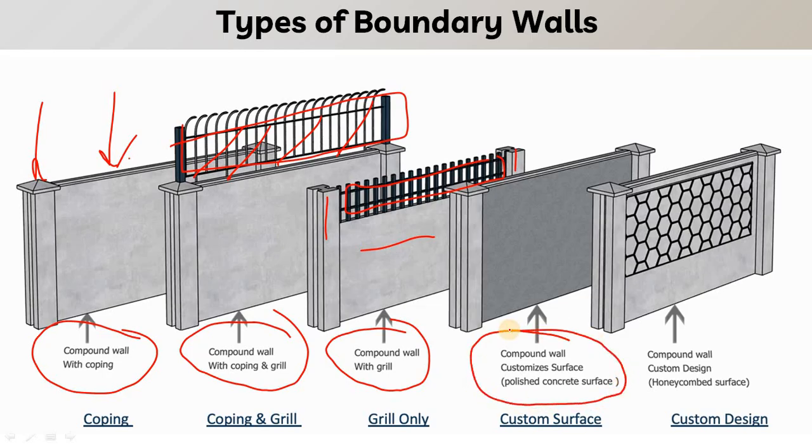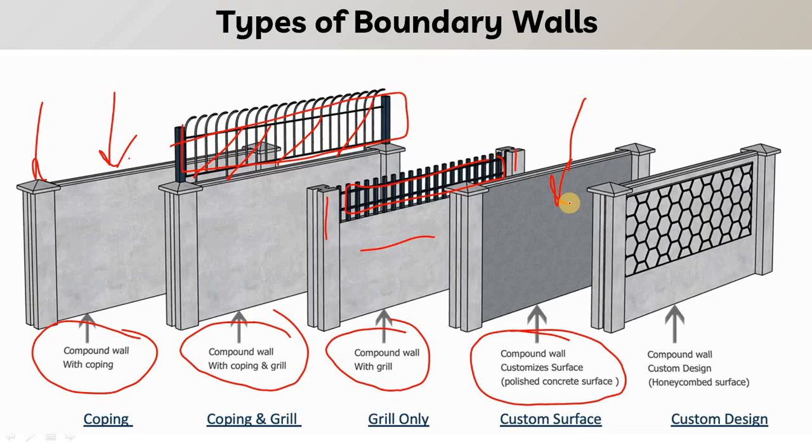What do you mean by customized surface? It means the precast element can be gray color or it can be a colored concrete. If I say color concrete, what is color concrete?